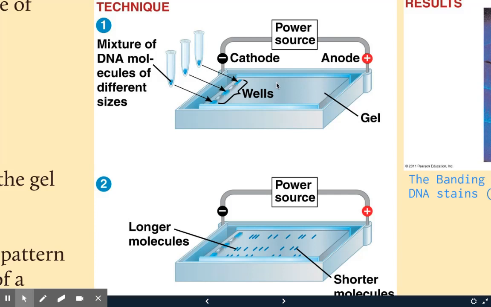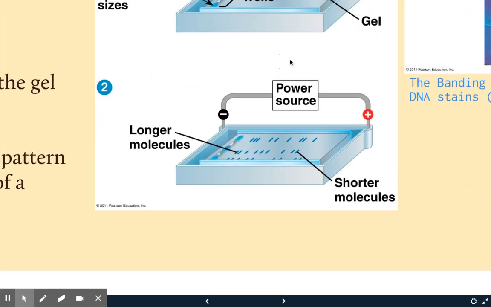When you run a current through the gel from negative to positive, the DNA is attracted to the positive end of your gel tray. So the DNA, once you turn the current on, is going to move towards the positive end of your tray. You usually run it for like 5 to 10 minutes.